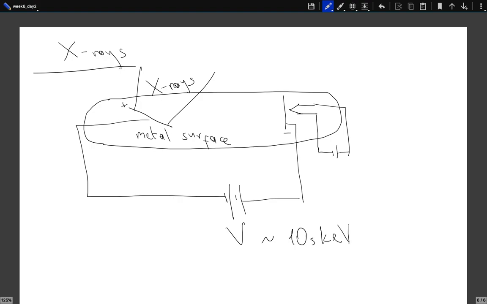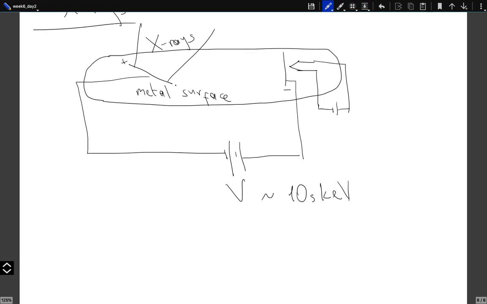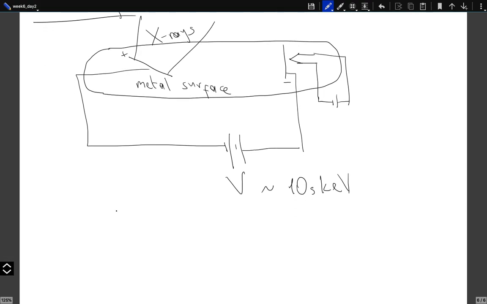Since their energy is so large, they will dominantly create X-rays. Then you have some electromagnetic radiation over there. You can measure its properties as a function of, let's say, frequency. How much electromagnetic radiation, how much X-rays, you get within a frequency range.